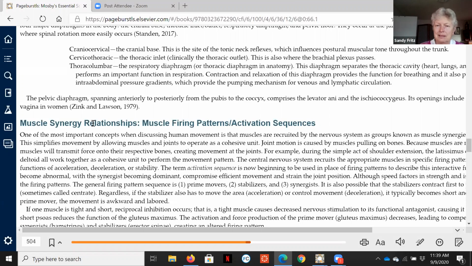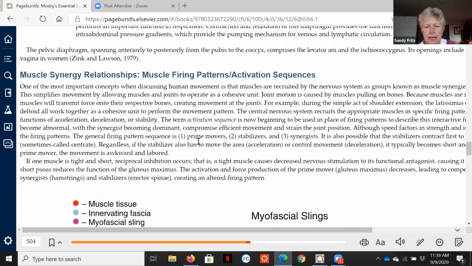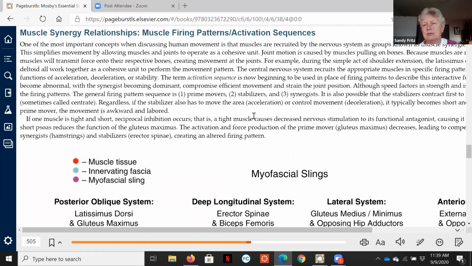It feels like these happen simultaneously, but they don't. So we're going to look at some firing patterns and muscle synergies, simple ones. There are a lot of them, but we're just going to look at some basic ones that can give you a good idea about how this activation sequence is working.